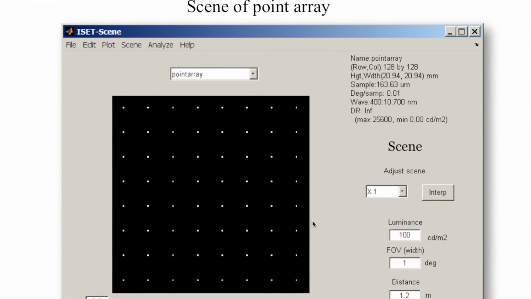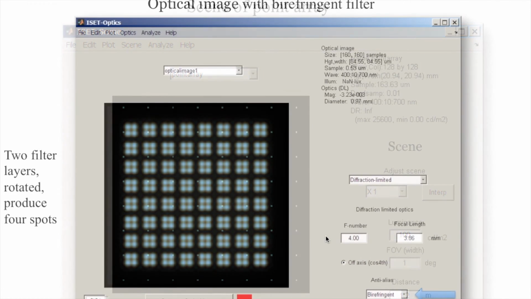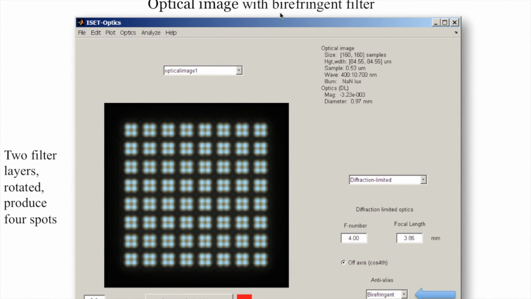So we can simulate that if we have a scene of just a set of points, and we go calculate the image. One of the anti-aliasing filters you can just turn on in the optical image calculation in ISET is a birefringent filter. I've shown them to you with an ordinary ray and an extraordinary ray, but if you put two of them in, then you can take this ordinary ray and split it again, and the extraordinary ray and split it again, and you get a little 2x2.